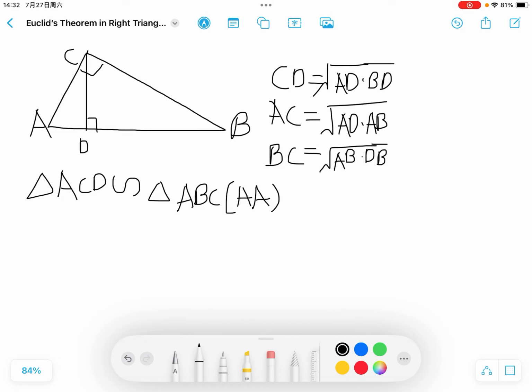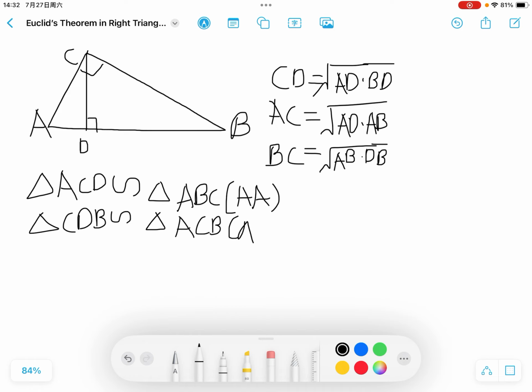So now you've proved that we have 2 out of 3 similar triangles. We just need to prove that triangle CDB is similar to triangle ACB. We can still use this angle here, angle B, because it's in both CDB and ACB. So CDB is similar to triangle ACB.